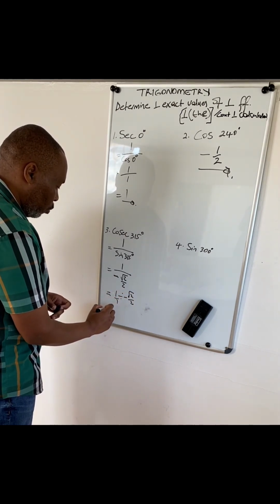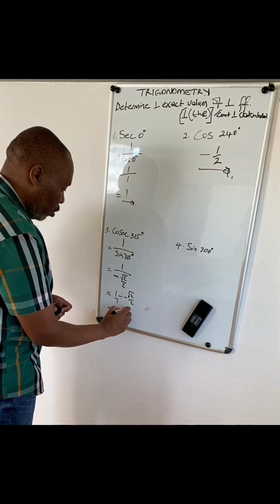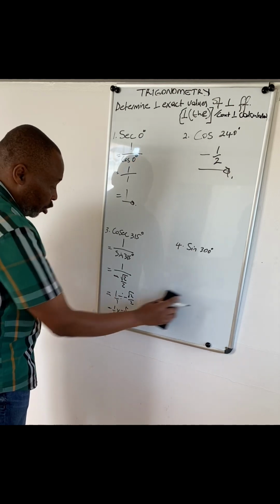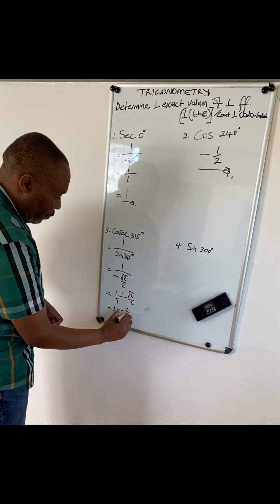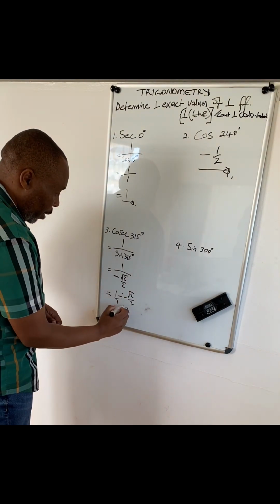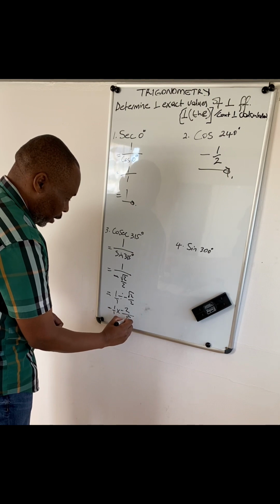This is the same as 1 over 1 multiplied by negative. Because it's multiplication, we use the inverse now. The 2 goes above, the denominator goes above and becomes the numerator, and the numerator becomes the denominator.